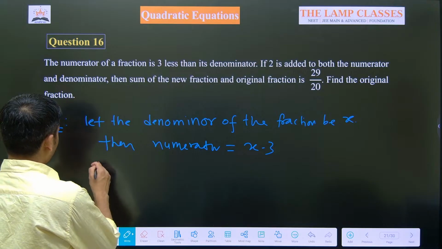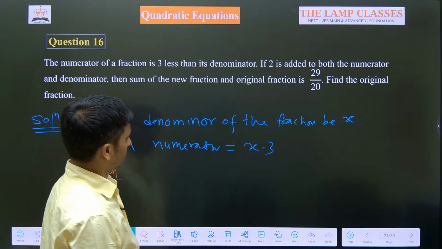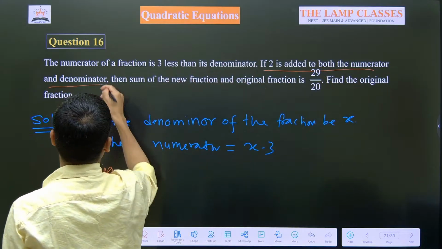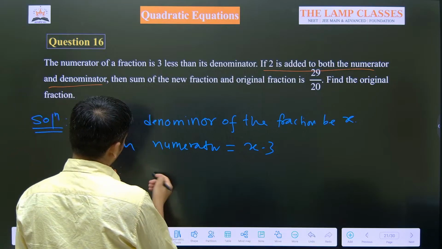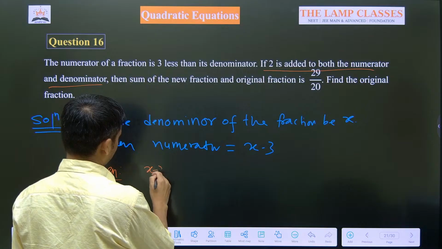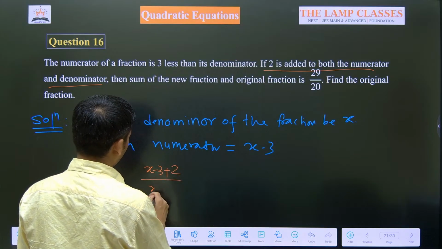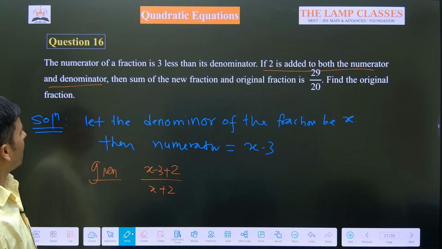They have given now, if 2 is added to both the numerator and denominator, then the sum of the new fraction and its reciprocal. So x minus 3 plus 2 upon x plus 2. This is the new fraction and its reciprocal.